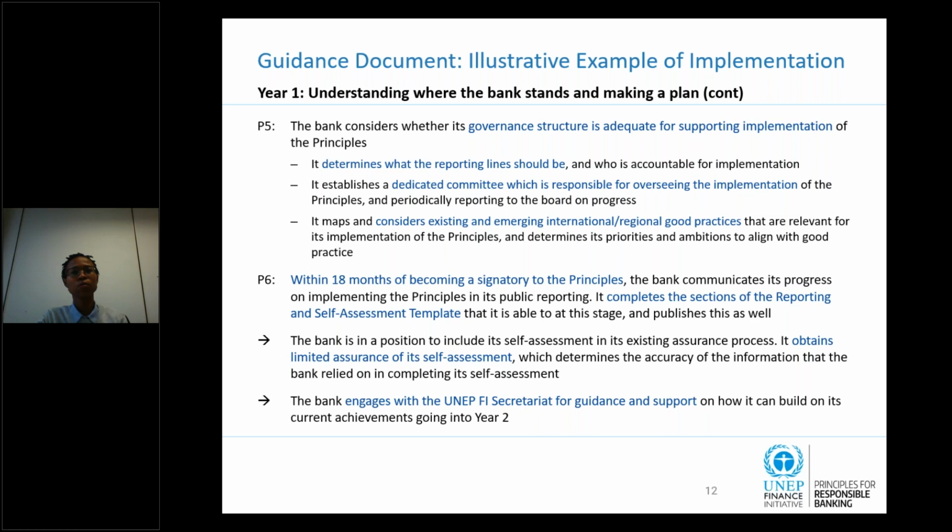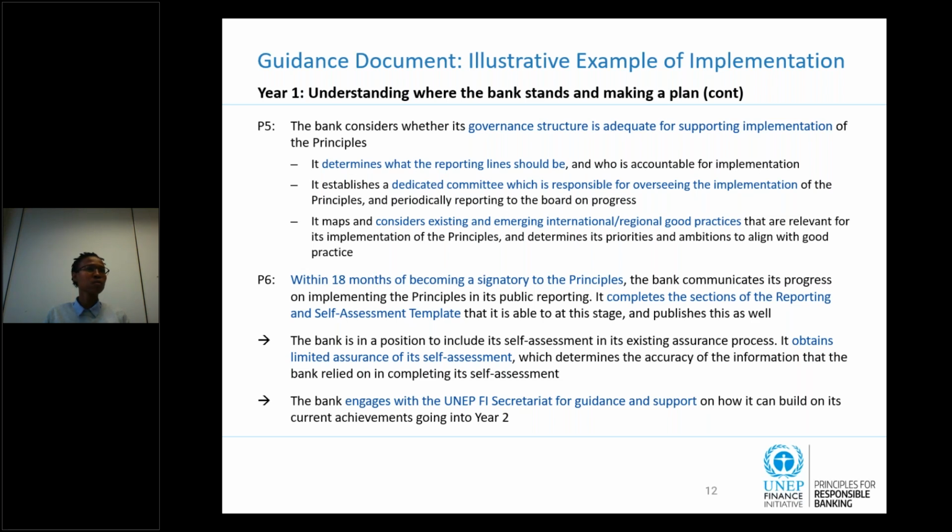So principle number 5, specifically on governance. In terms of learning and understanding where you are, the bank considers whether its governance structure is adequate for supporting implementation of the principles, determines what the reporting line should be and who is accountable for implementation, and establishes a dedicated committee which is responsible for overseeing the implementation of the principles, and periodically reporting to the board on progress.